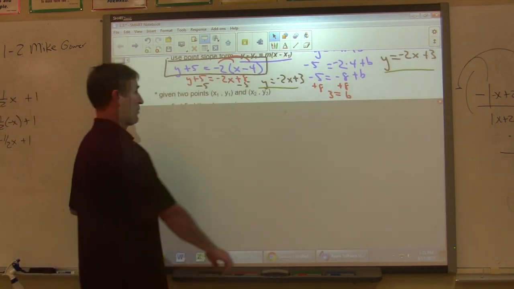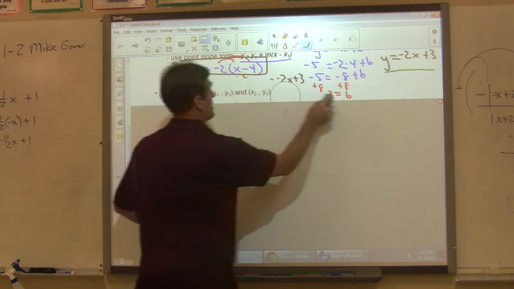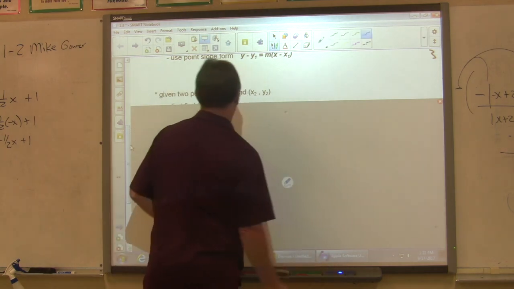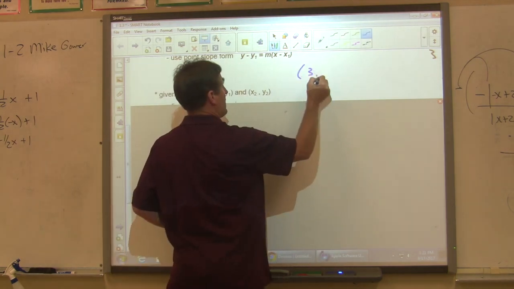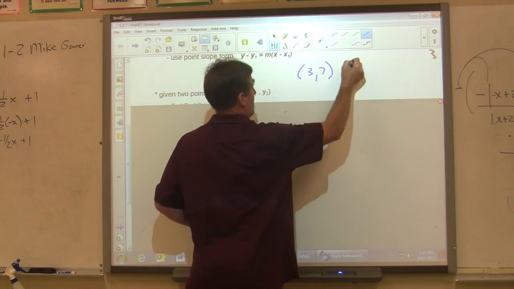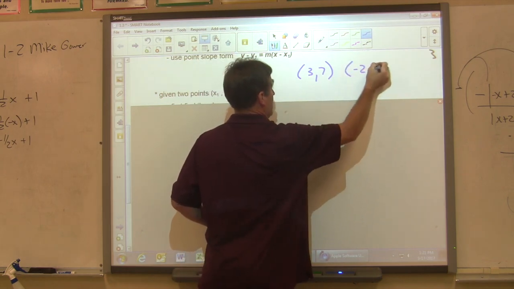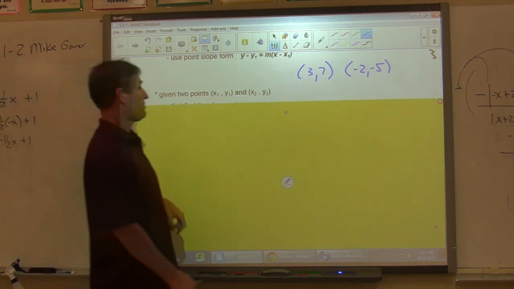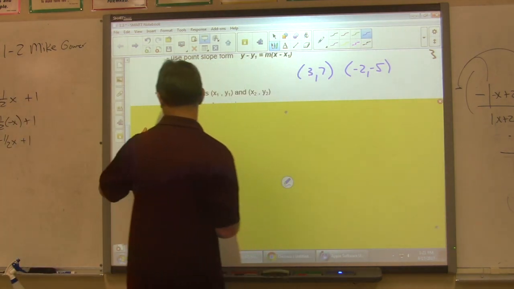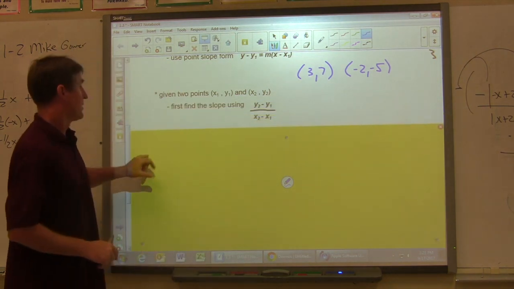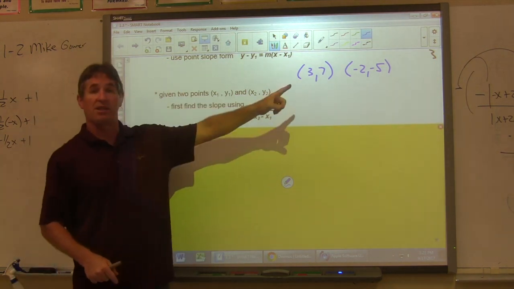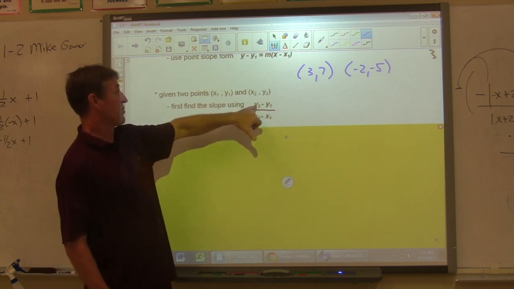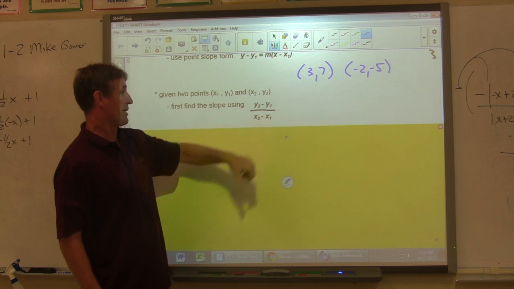Then, the other thing we're going to be doing is given 2 points, write the equation for the line. So let's say I'm given the points (3, 7) and (-2, -5), and now we have to write the equation for the line. The first thing we have to do is find the slope. Remember, for finding the slope of 2 ordered pairs, use the equation y2 minus y1 over x2 minus x1.